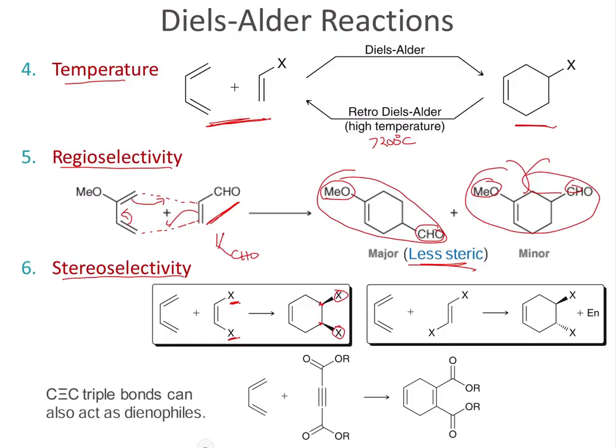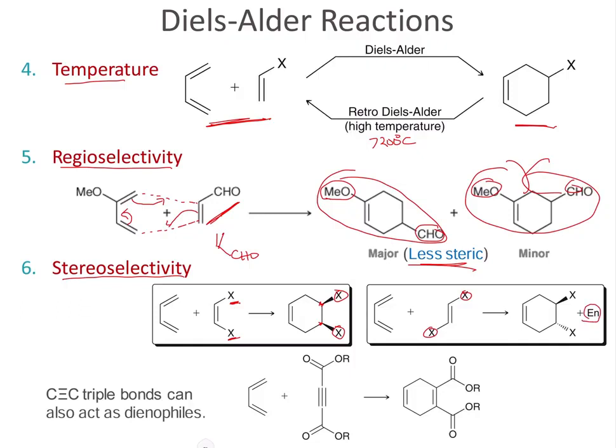Okay? If those similar groups are on different sides, they are kind of trans in this case, then we're going to end up with the same groups being on opposite sides to each other, and of course that will also create an enantiomer.